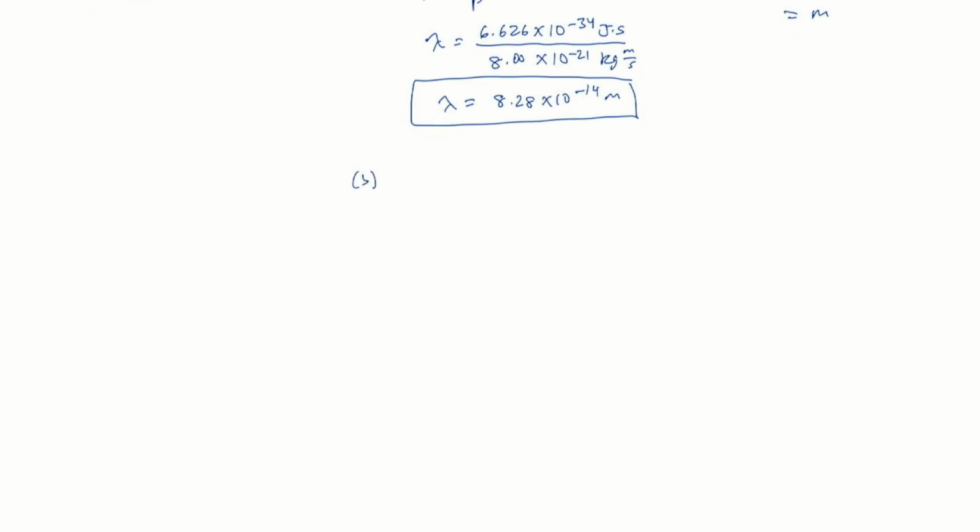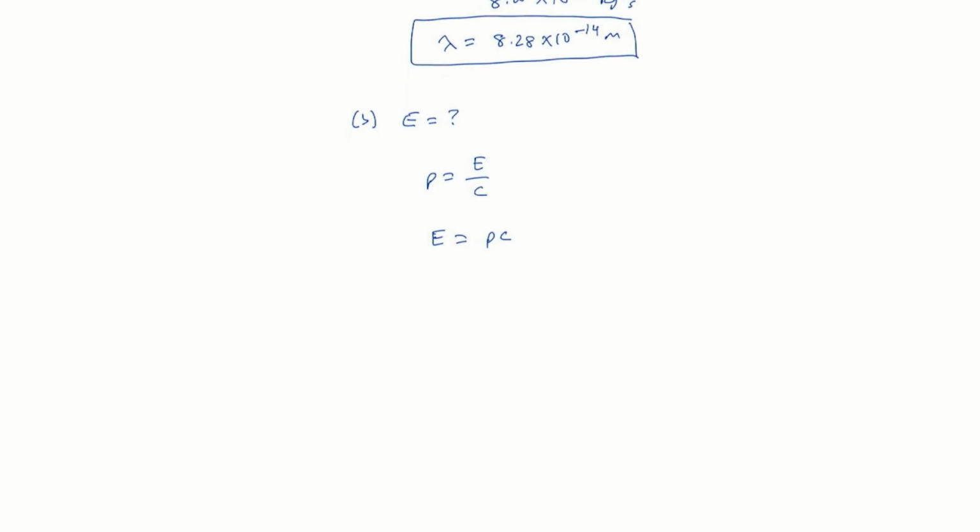Part B is the energy. Okay, we can use momentum is energy divided by speed of light. So that energy is momentum times the speed of light.